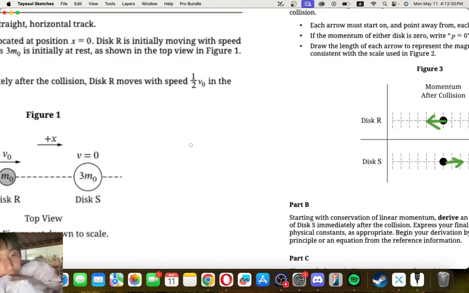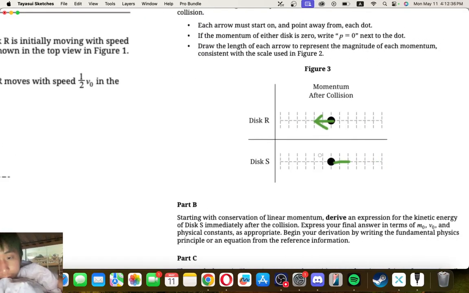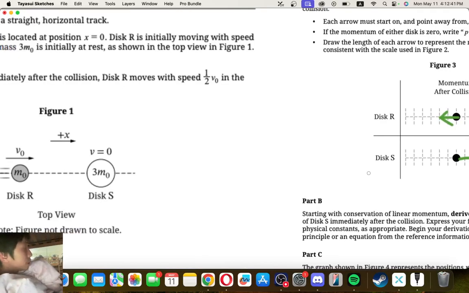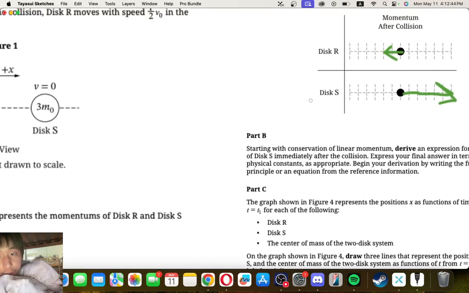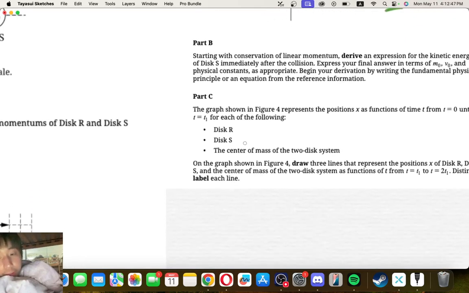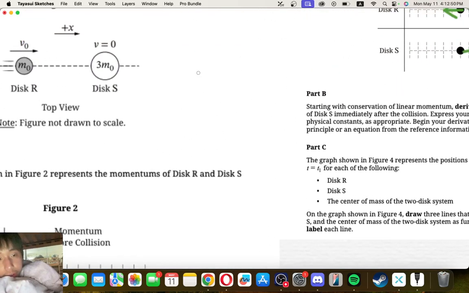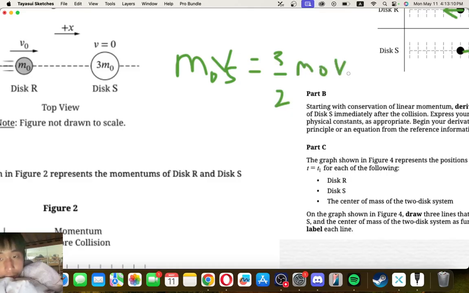I mean, actually no, the velocity. Oh no, never mind, I'm not wrong there. I'm the dumb one. Momentum is still 3/2 MOVO. It's just that the velocity is 1/2. Because MVS equals 3/2 MOVRO.